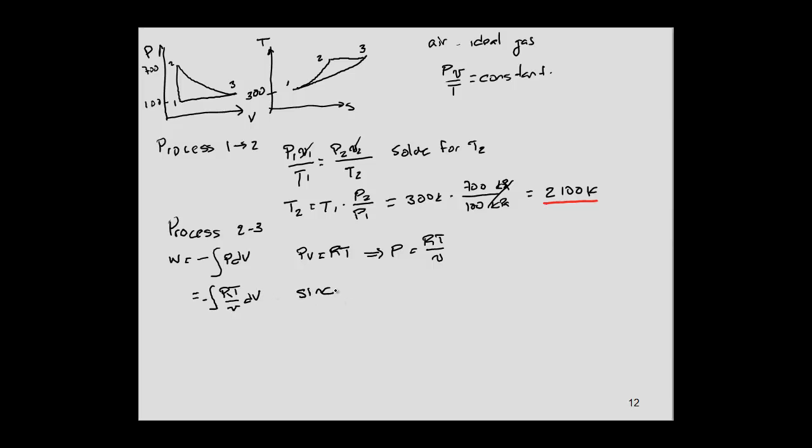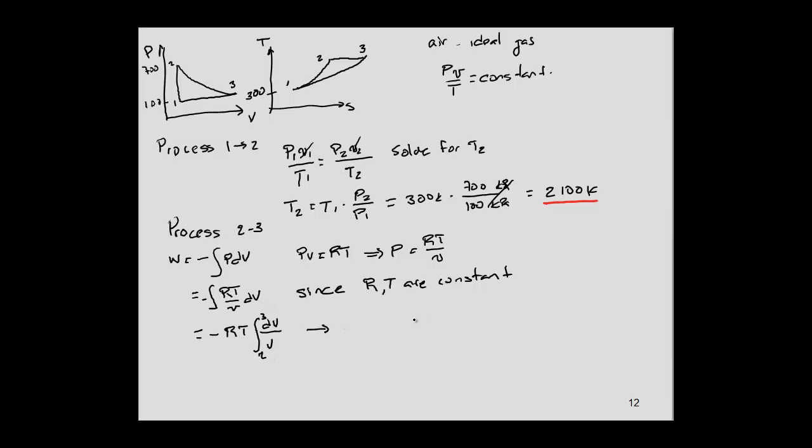And since R and T are constant, we can take it out of the integral and have minus RT integral of dV over volume, and this integral goes from 2 to 3.